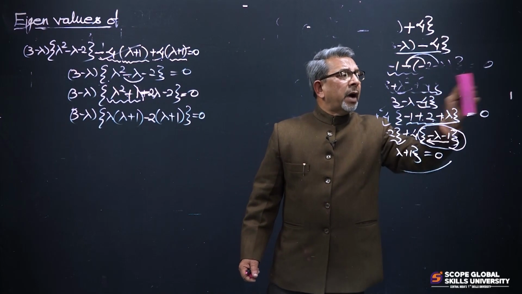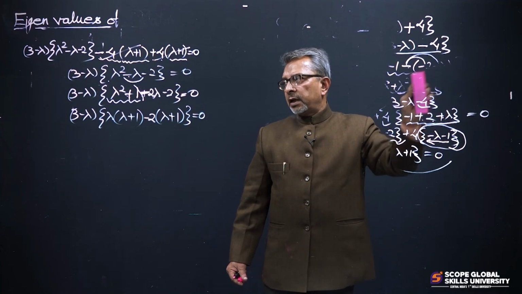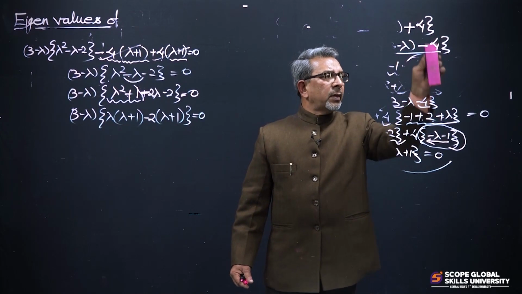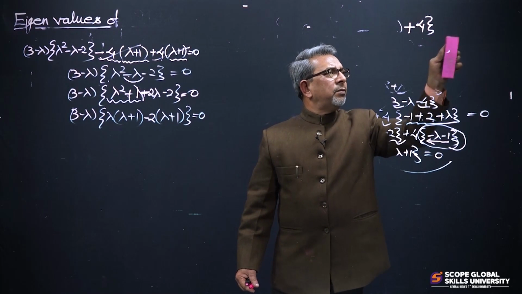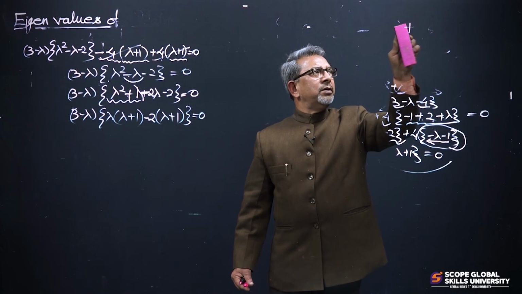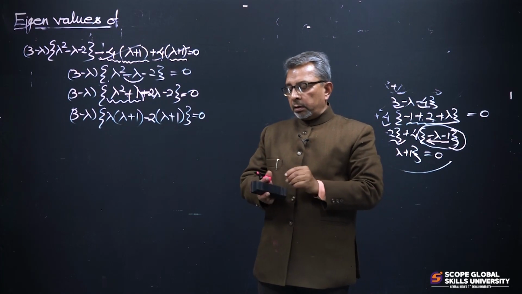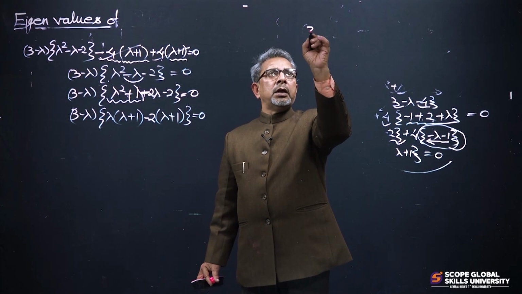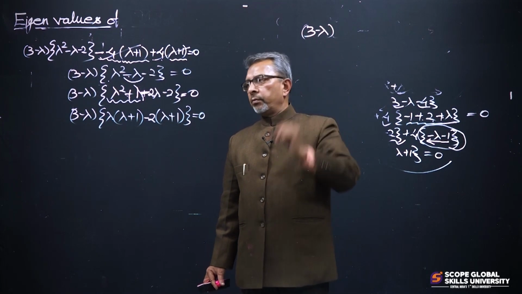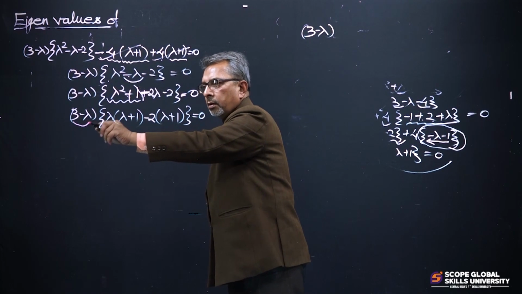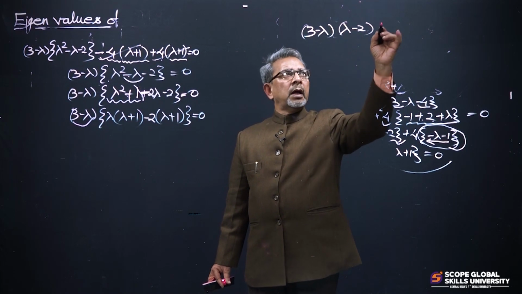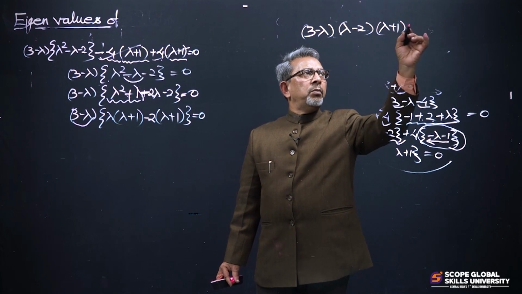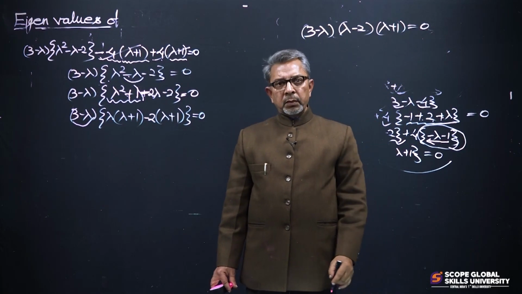First is 3 minus lambda, second factor is lambda minus 2, and third factor is lambda plus 1. That means 3 minus lambda, this factor, lambda minus 2 and lambda plus 1 which are equal to 0.